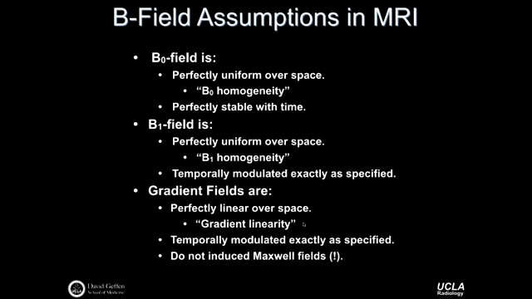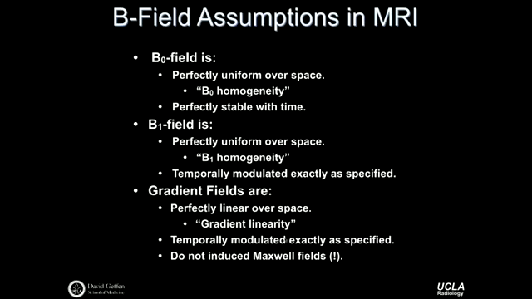If it somehow depended on position squared or position cubed plus a constant, those would be nonlinear gradients. There are systems, people working on so-called nonlinear gradient systems. It's a very complicated field that has some purported advantages. We are going to assume that our fields are linear and perfectly so over the region that we care about.